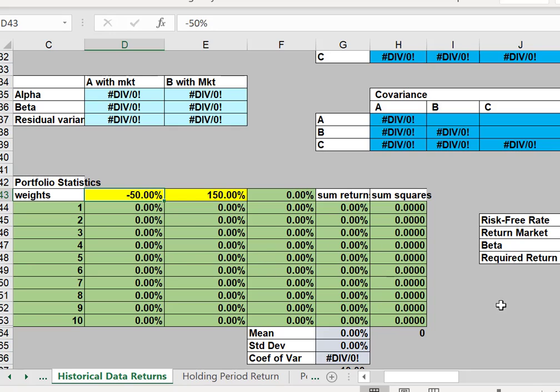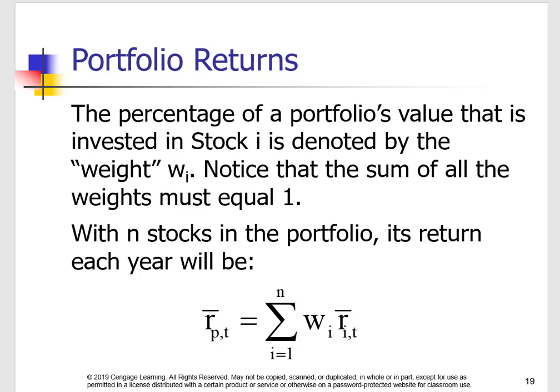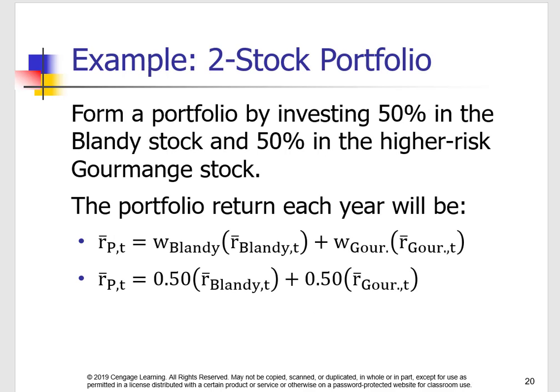And again, that will then calculate this with now the concept of selling something or borrowing some money and investing. And this is what is referred to as a short sale. And I describe it a little bit in the notes on this slide. But essentially, it's when you sell an asset or borrow money, take that money, add it to the rest of your investment dollars, and invest in the portfolio.